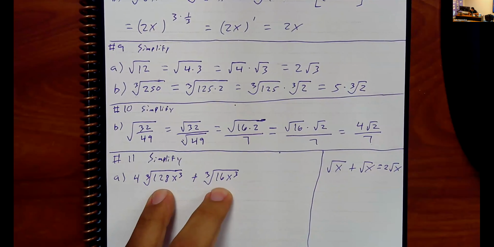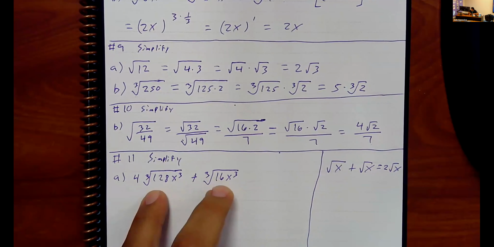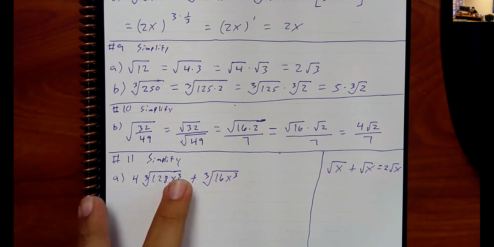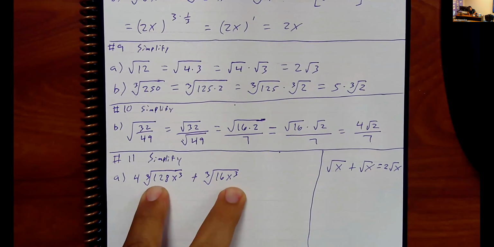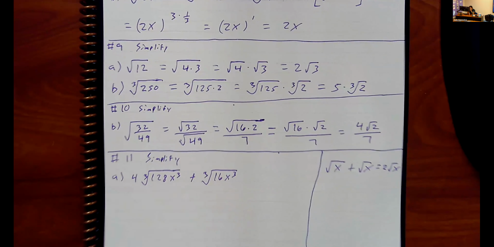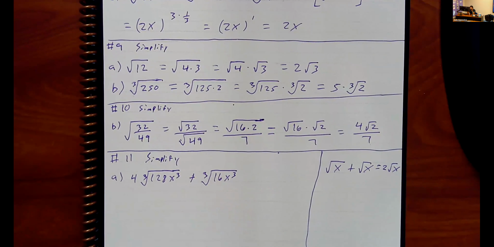These are not the same, right? The inside. So you cannot add them. So what you want to do is simplify and see if they change into something that is the same. And then you add them. If they don't, well, you just leave them as is and you're done.